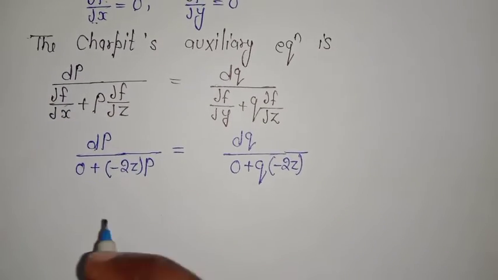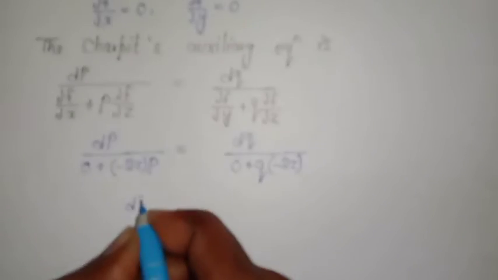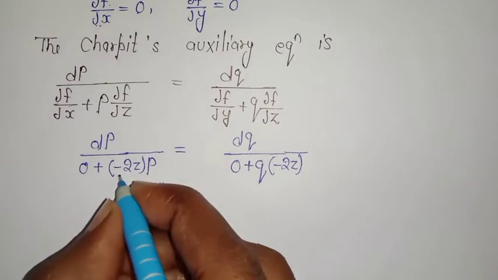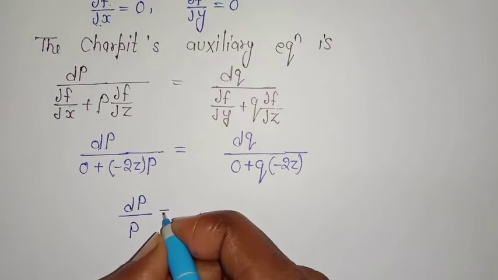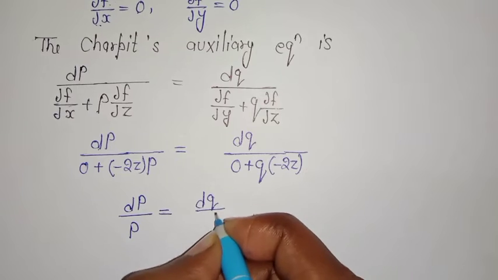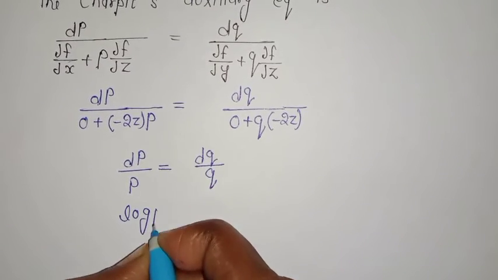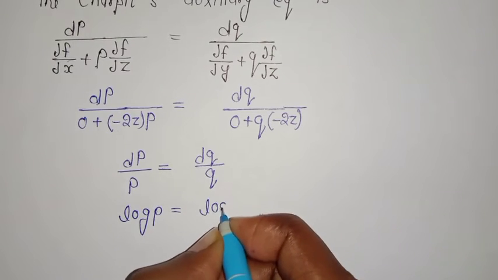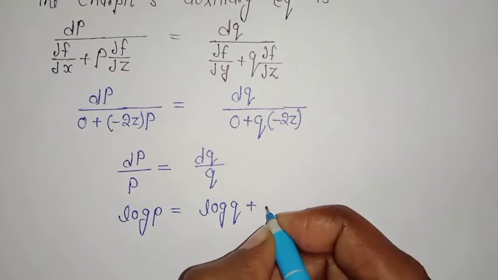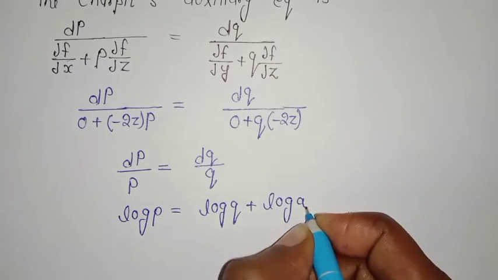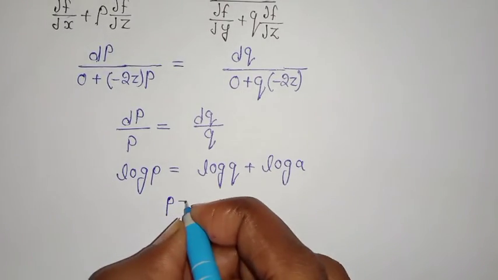So what we get from here, dp upon p only, because 2z gets cancelled by 2z, is equal to dq upon q. Now if we solve it, we get log p is equal to log q plus some arbitrary constant log a. So p is equal to aq.